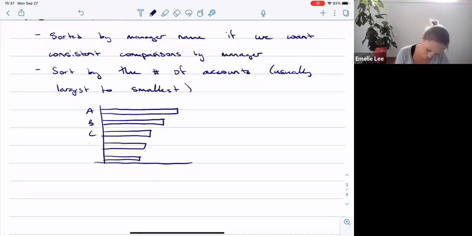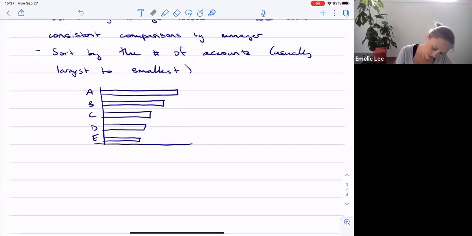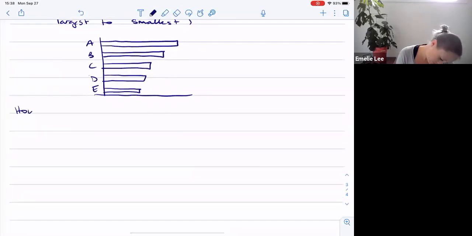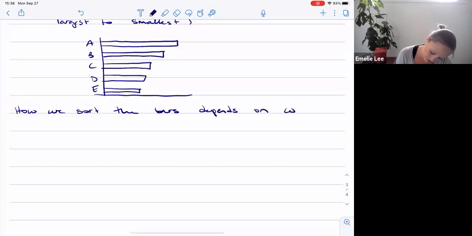A, B, C, D, E, for example. I guess they wouldn't be alphabetical, but you get the idea. And so then you can easily see who's the top account holder and who's the lowest account holder, etc. So it depends on the information that you want to emphasize. How we sort the bars depends on which information you want to emphasize.